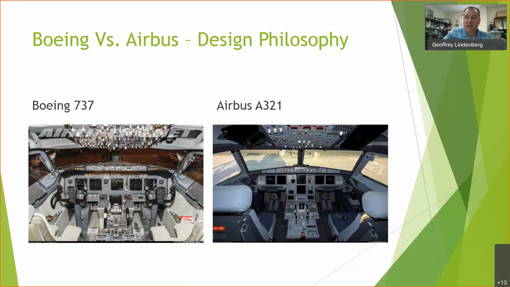Boeing stuck with a traditional flight control system for a lot longer than Airbus, where your yoke is connected by cables, pulleys, bell cranks, whatnot, to the hydraulic control units that control the flight controls, and direct inputs move valves on the flight control actuators to move the actuators for the hydraulic fluid.